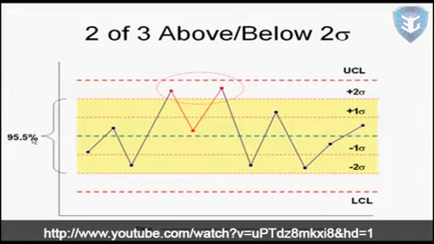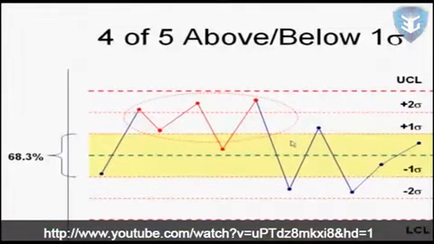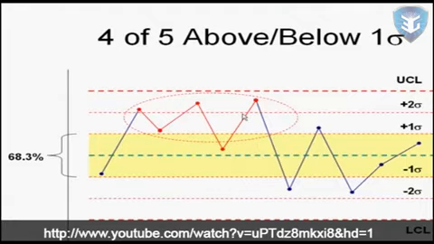That seems to be out of whack with our 95% in this zone. Similarly, if we have 4 out of 5 points above 1 sigma or below 1 sigma, that's 80% of your points outside of Zone C here. And 2/3 should be in here, so that seems like an out of whack kind of condition.